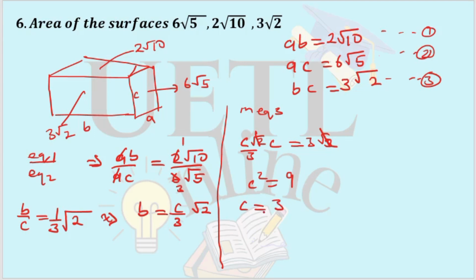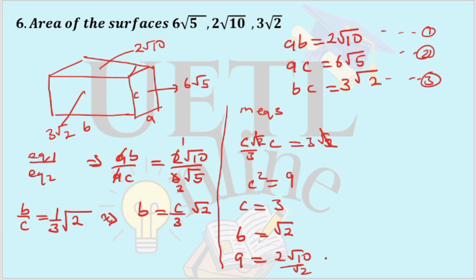After finding C, we can easily find B. If C is 3, if we put 3 here, B is equal to root 2. Then if we find B, we can find A. If we put root 2 here, A is equal to 2 root 10 over root 2.